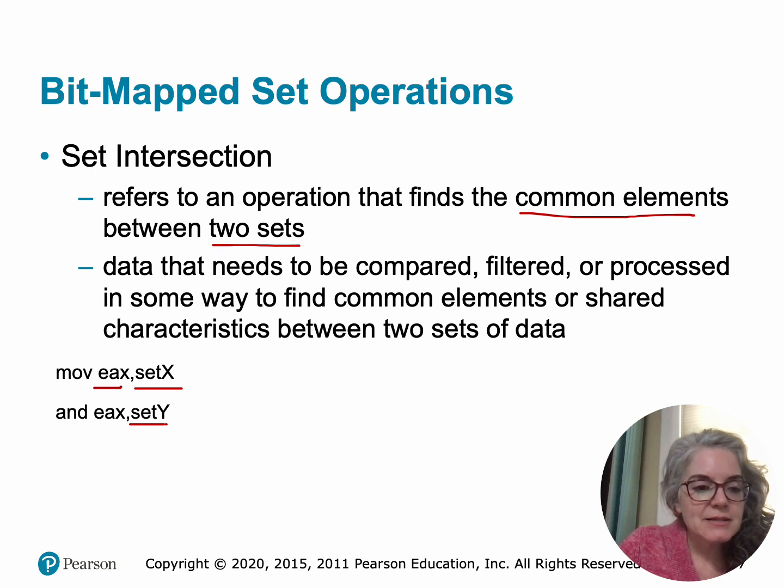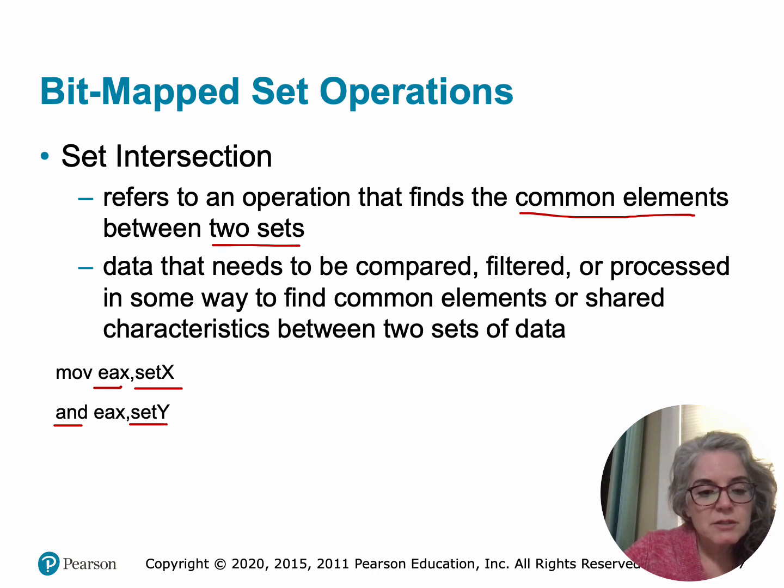So set X and set Y get ANDed. And when we do an AND, what we're going to look at is what are the common elements between the two sets. Data that needs to be compared, filtered, or processed in some way to find the common elements or shared characteristics between the two sets of data would require a set intersection.